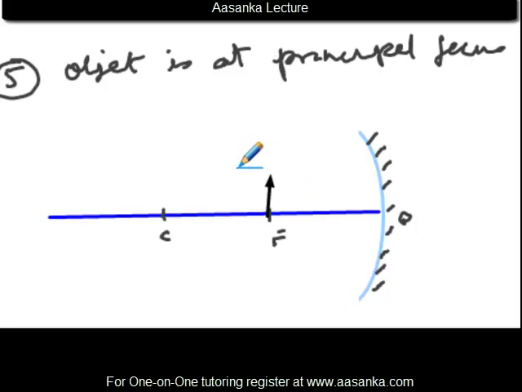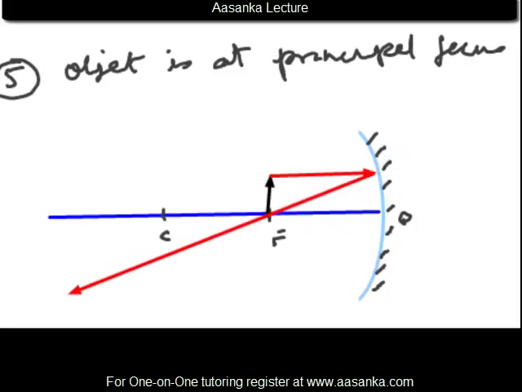Again, the point that I would like to repeat, principles of ray diagramming in every case remains the same. A line parallel to principal axis after reflection will pass through focus.